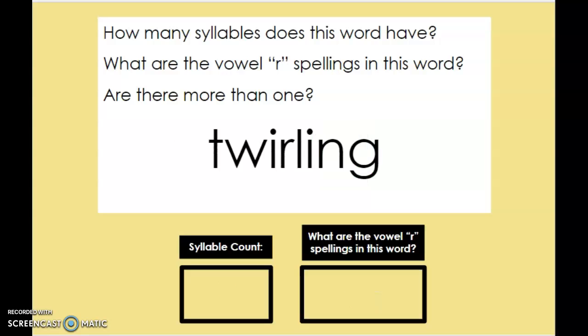Next example, twirling. How many syllables? Twirling, twirling. I count 2 syllables, and we're looking for our vowel R spelling. Let's see, I see one, absolutely. It is right here with that I-R. That's the only one I see, and we will type I-R in that box.